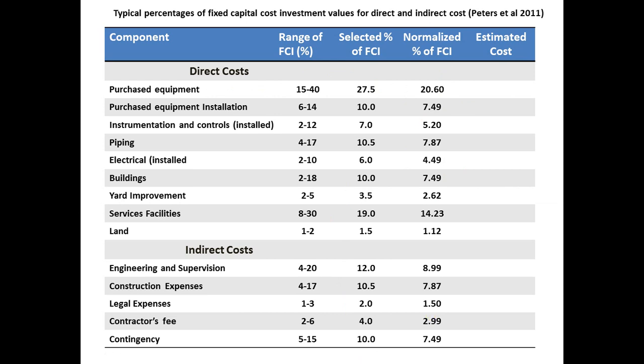Now once you select your FCI, then you normalize it. The next thing is to do the estimation of the cost. Already, if you look at the question, the purchased equipment has been given. The cost of purchased equipment has been given as 100,000 real. Now you're going to use that to calculate the FCI.